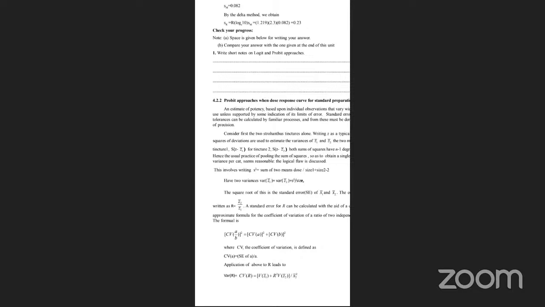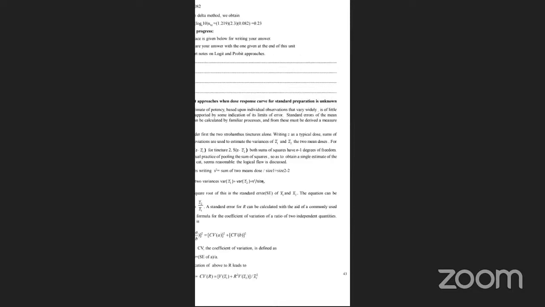This involves writing s squared as the sum of the two sums of squares divided by size 1 plus size 2 minus 2. Then the two variances, variance of Z1 and variance of Z2, equal s squared by size. Taking the square root gives the standard error of Z bar 1 and Z bar 2. The equation can be written as r equal to z bar 2 by z bar 1.